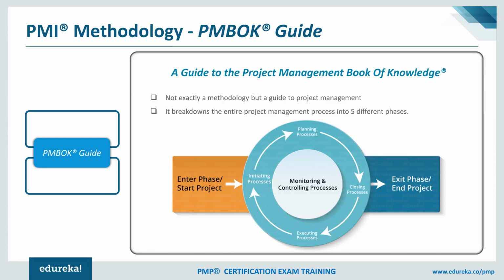Starting with initiating, we initiate the project. Then planning, then executing, then monitoring and controlling, and closing. These process groups would be a part of all the phases of the project. There are 49 processes as a part of the PMBOK, 10 knowledge areas, and 5 process groups, which I just mentioned.